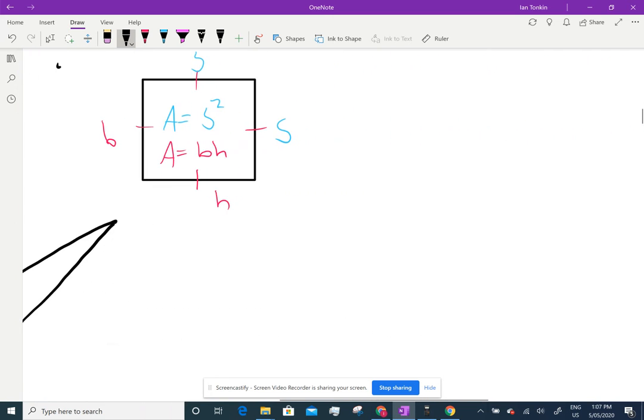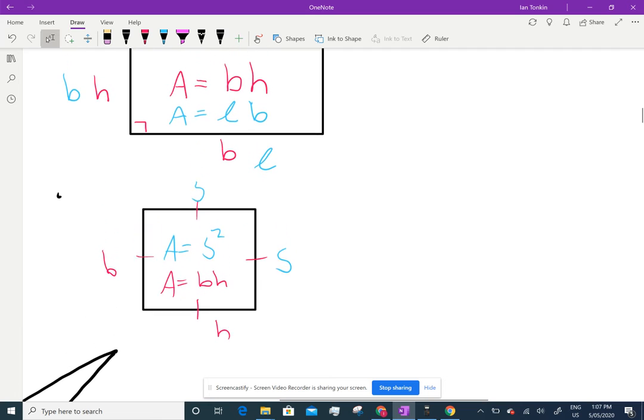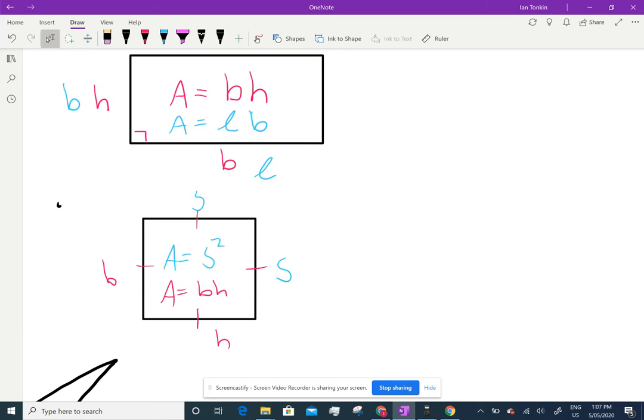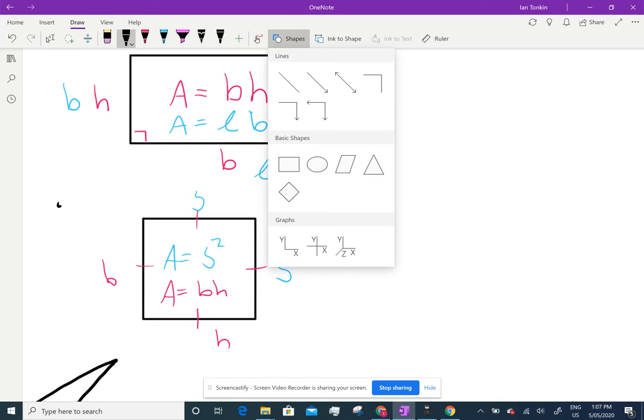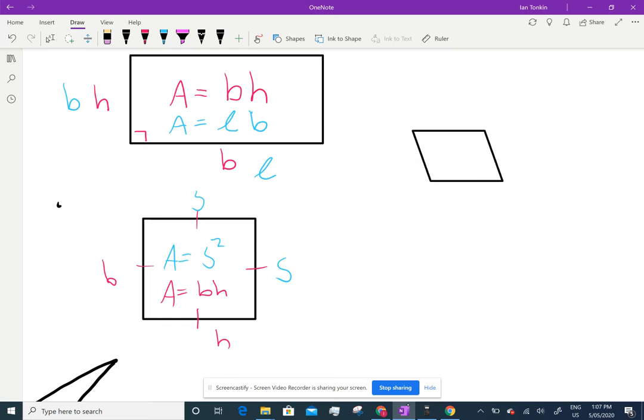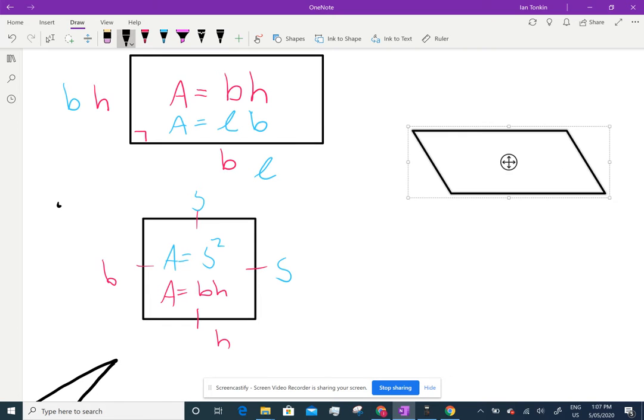But before we do that, I have to show you the formula for something else, which is a little bit earlier. So I'm going to show you where the formula for a triangle comes from. And to do it, I've got to draw this shape. Now this is a parallelogram.